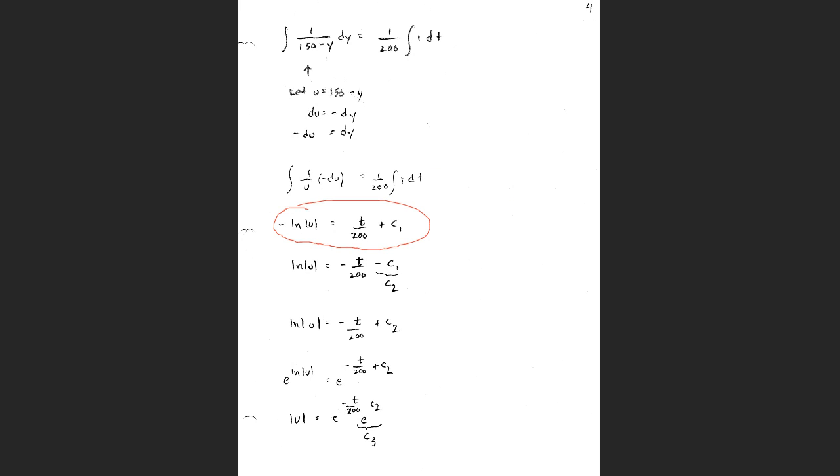And then that's going to give me this equation below. And the negative C1 I'll call C2. You see how I do that? And so I have now the log of the absolute value of u equals -t over 100 plus C2.